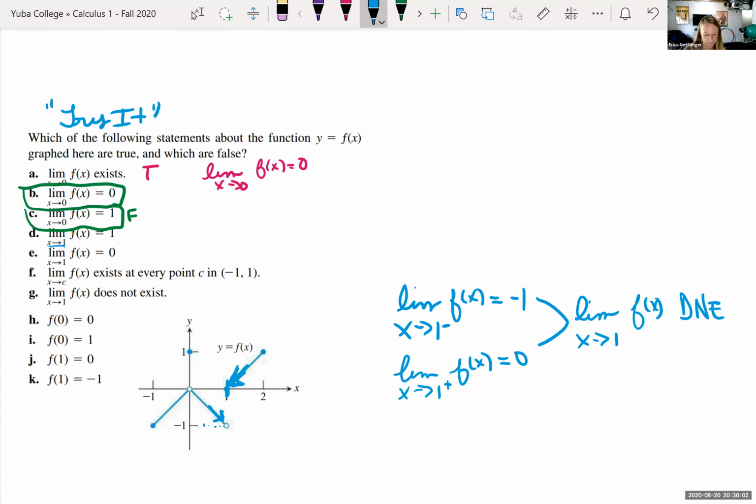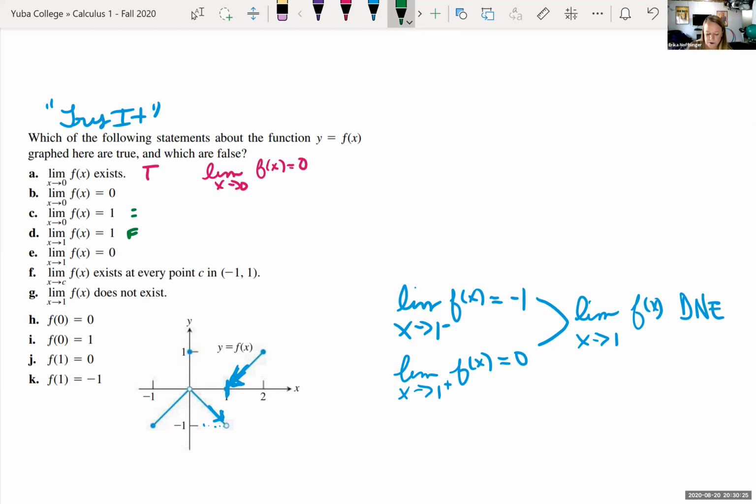Okay. So maybe I answered some of the other questions in explaining this. The limit as x approaches 1, we just said that that was false. So this would be true. No, actually it would never be true.